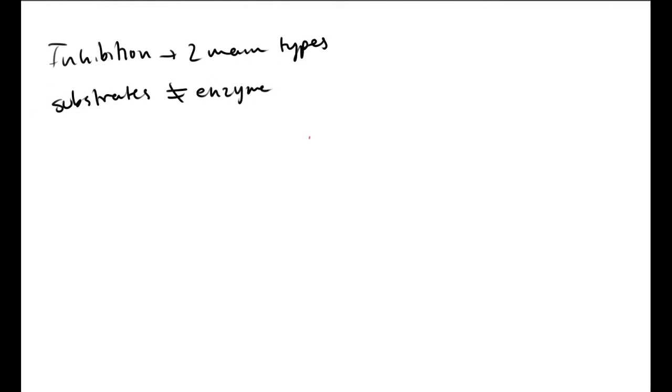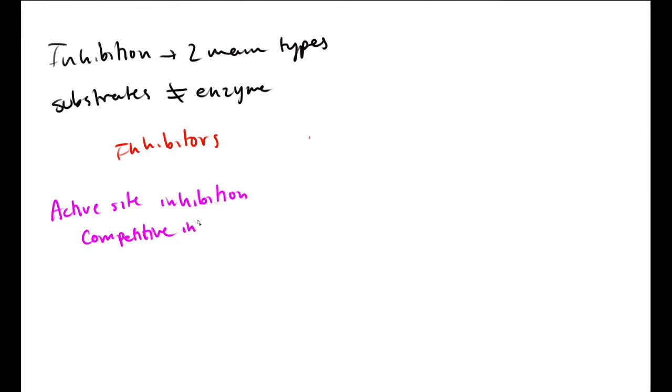These factors are called inhibitors. Looking at the two main types, the first one that we have is active site inhibition, also known as competitive inhibition.